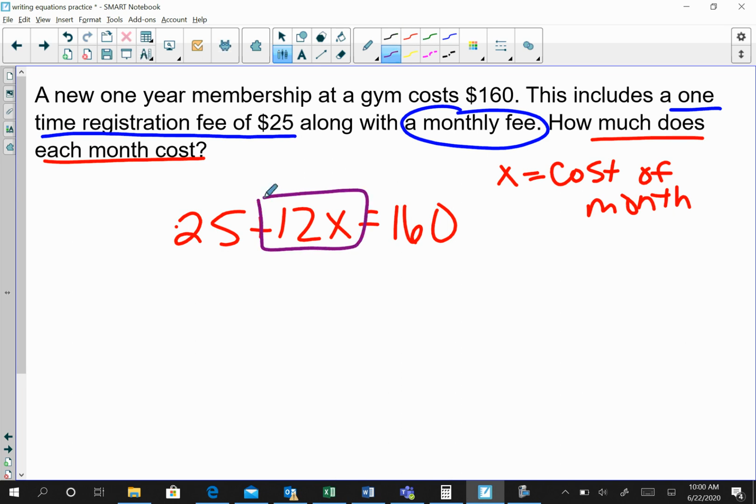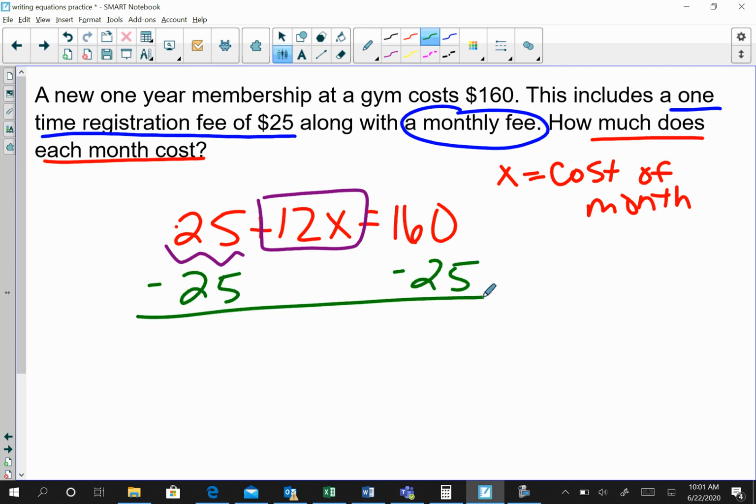Here's my X term. That means I need to move this 25, so I'm going to subtract 25 from both sides. 25 minus 25 is 0, leaving me with 12x equals 160 minus 25 is 135. Now I'm going to try to get the x by itself one more time.